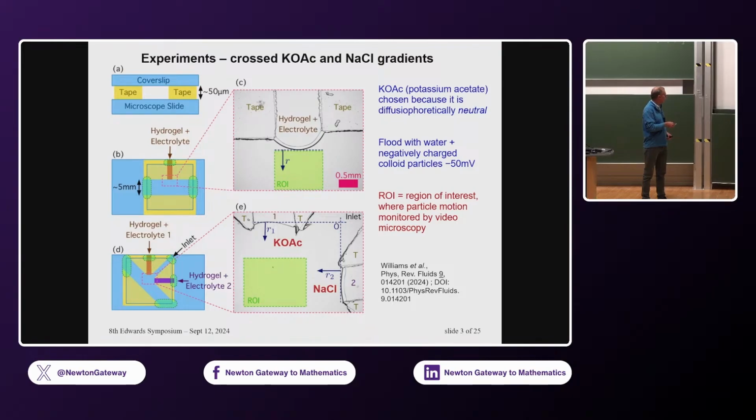So you make the hydrogels and then you allow this whole thing to be filled with essentially water plus negatively charged colloid particles, and you watch what happens to the colloid particles as the salts diffuse out. You have a gradient of potassium acetate this way, a gradient of sodium chloride that way, as they meet and overlap.